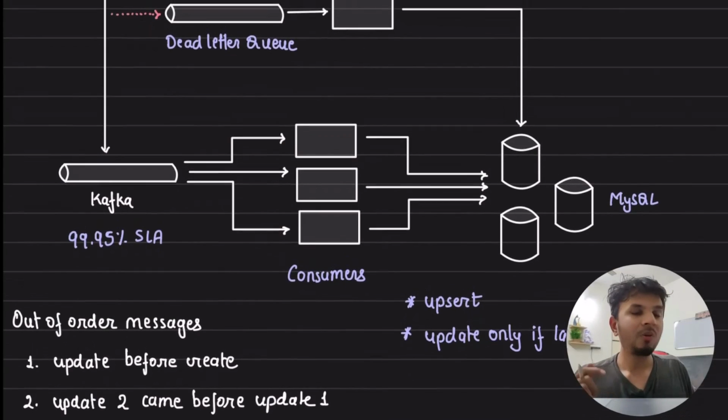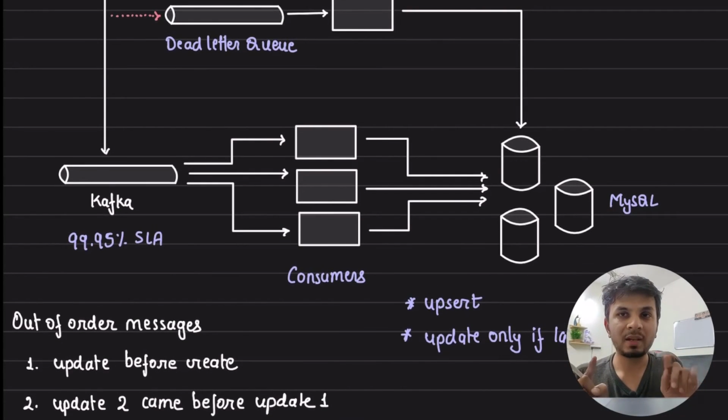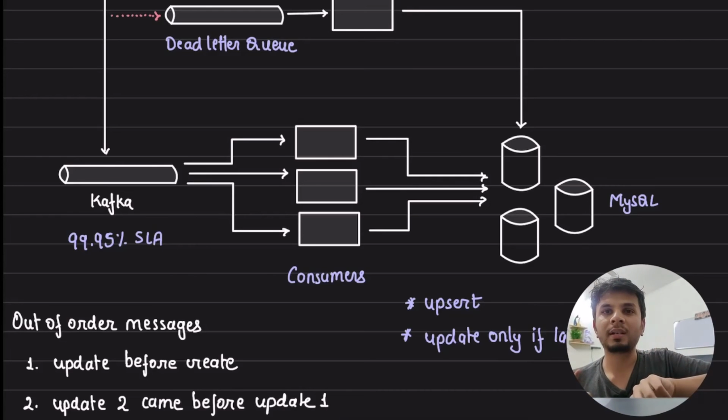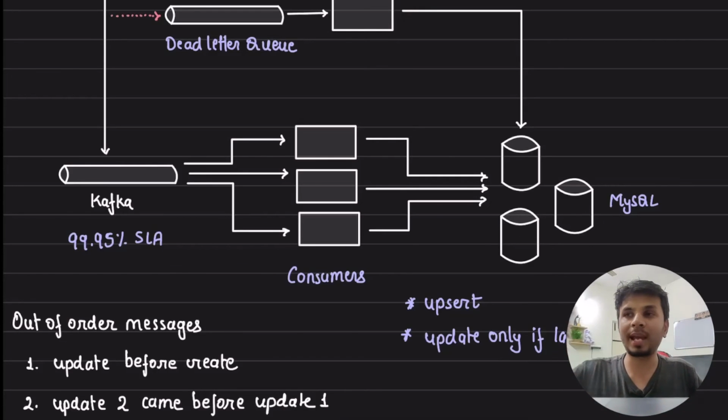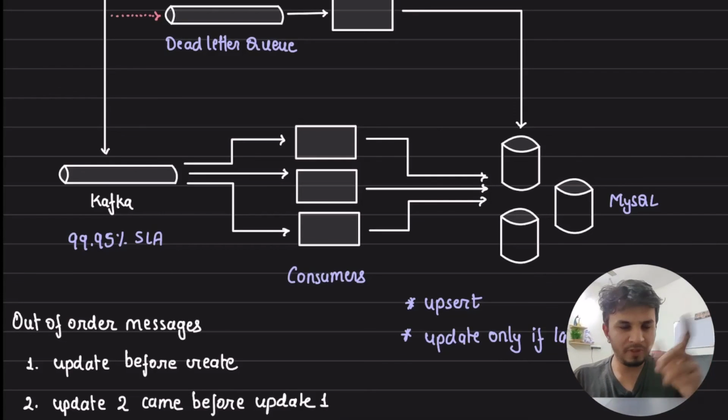But now, what if you get two updates, such that update 2 comes before update 1? In that case, you cannot just apply updates every time, because then you would be overriding the later update with the previous update. Wrong, right? So that is where you have a check with a timestamp field: I will update only when the update is a newer one.